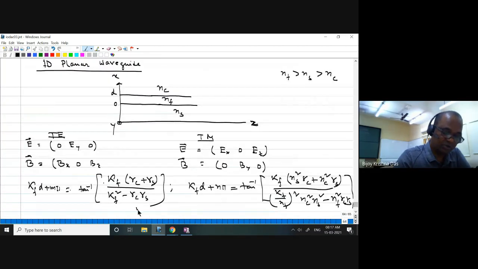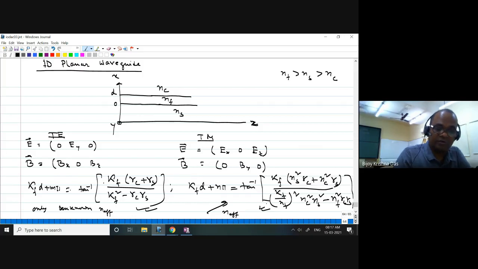This is the dispersion relation, because here kappa F, gamma C, gamma S are in terms of n effective, and the right hand and left hand side also have n effective. So the only unknown is n effective. If all other things are known, here also the only unknown is n effective.